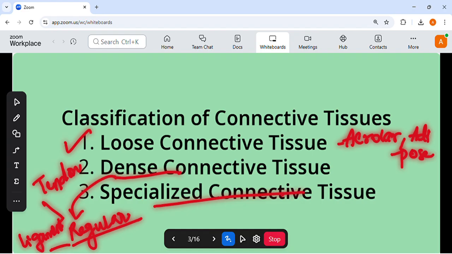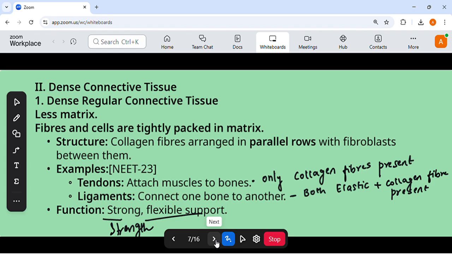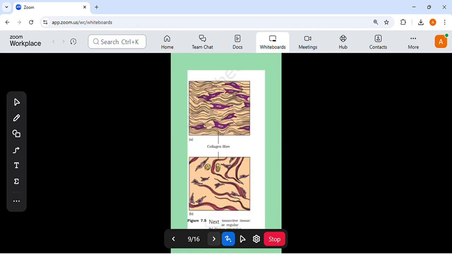Now time for specialized connective tissue. Three, blood, cartilage and bone come under specialized connective tissue. See here how collagen fibers are irregularly arranged in dense irregular connective tissue seen in skin.